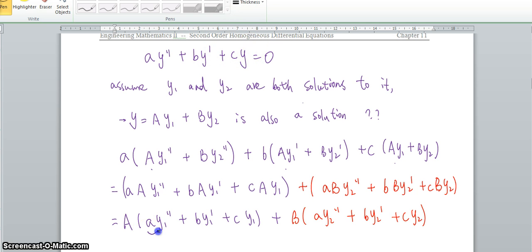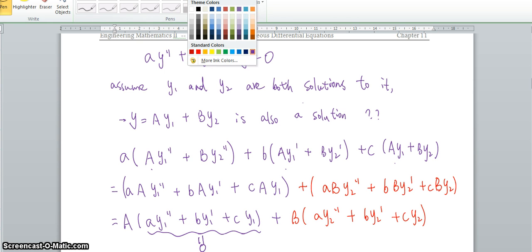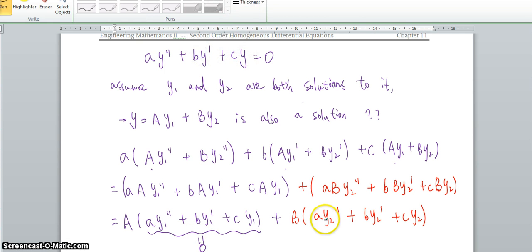And if you look at this term closely enough, what does it give us? Well, if you look back to the original equation and sub in y1 into it, since we know y1 is a solution, this term has to be 0. How about the next term? Similarly, if you sub in y2 into this equation, you get this sum, which is also 0.